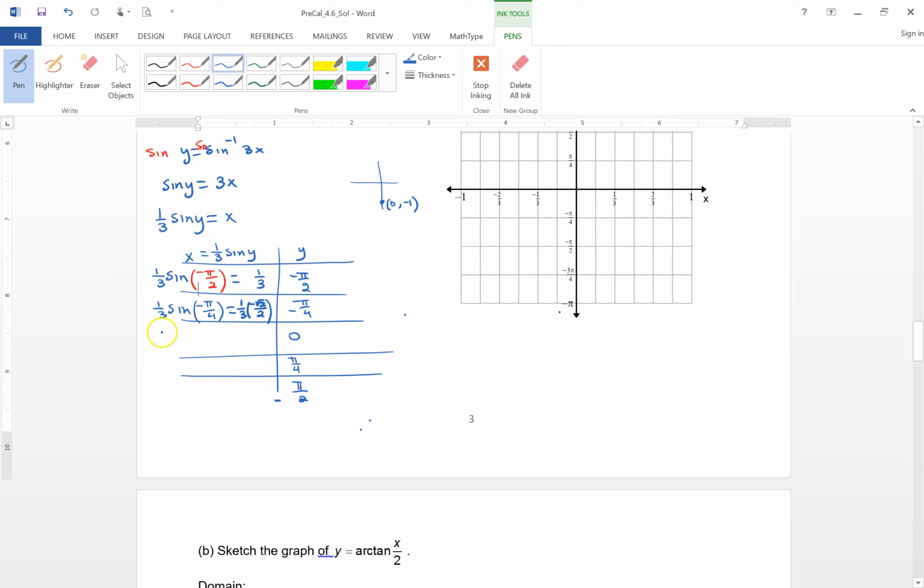What about this one? 1 over 3 sine of 0. What's sine of 0? 0. 1 over 3 sine of root 2 over 2. How much is that? Root 2 over 6.